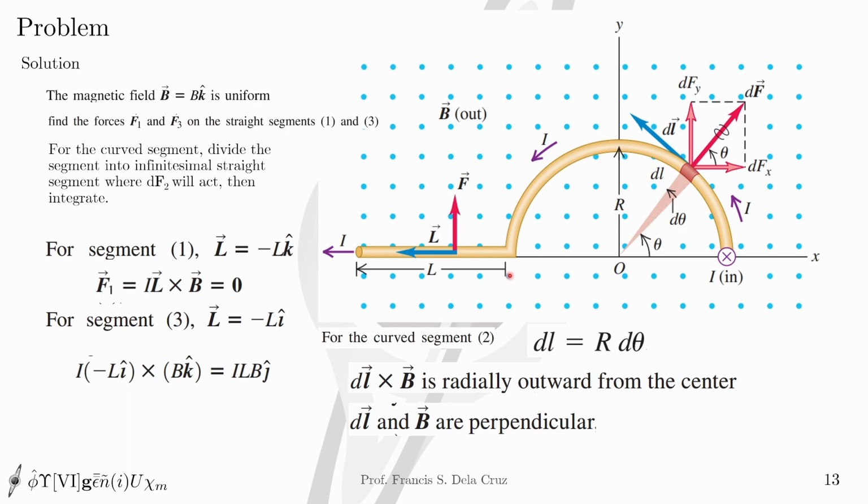That's why you have negative L i hat. If you get the cross product of i and k, and then take the negative of it, it will be positive j, because i cross k gives you negative j hat. Negative j hat times negative 1 will give you positive j hat. And I, L, and B are all constants. So now we already know the forces on the first segment and the third segment. We're going to solve for the second segment, which is the curved segment.